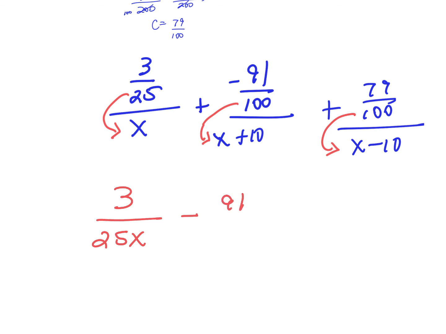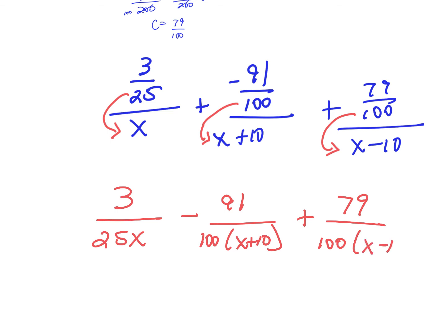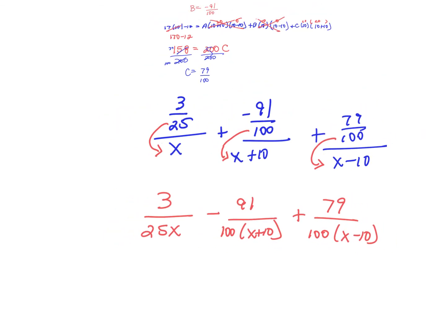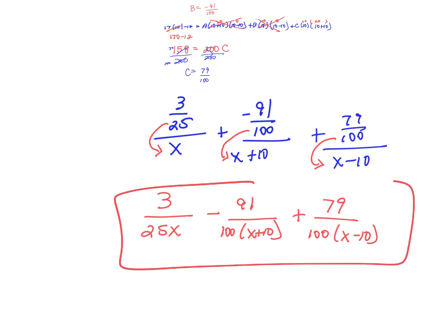You can say 91 over 100 times x plus 10. If you want to distribute, you can, but you don't have to. And then I have plus 79 on top, and then I have 100 on the bottom, and x minus 10. And that, ladies and gentlemen, is your partial fraction decomposition of that problem.